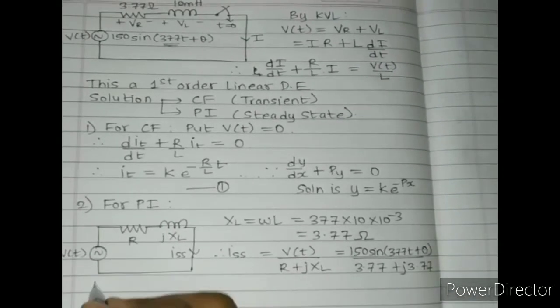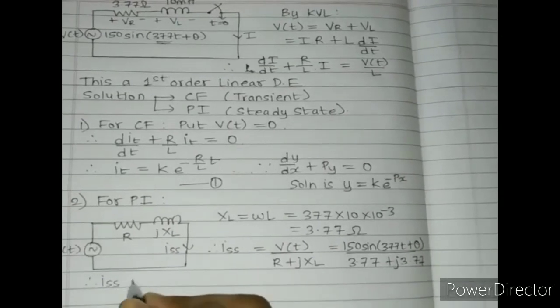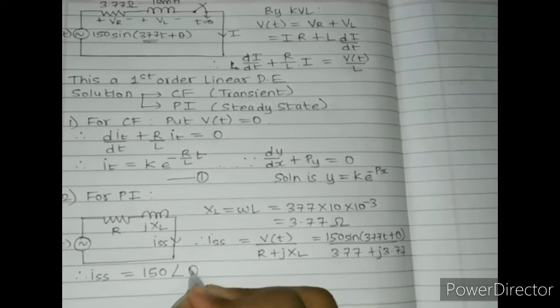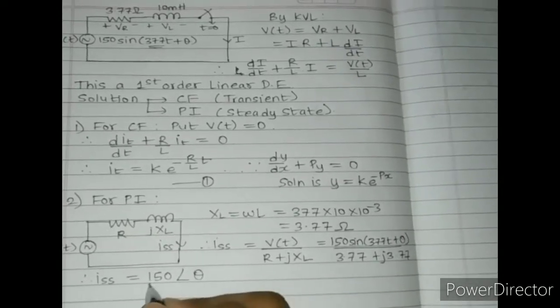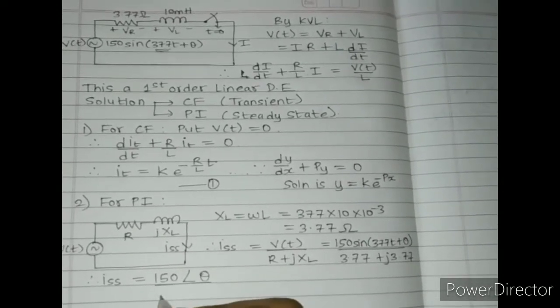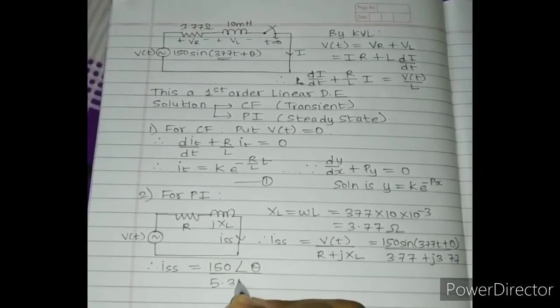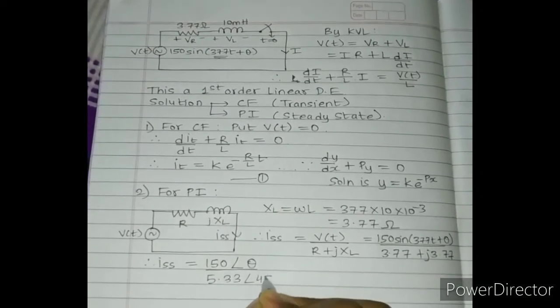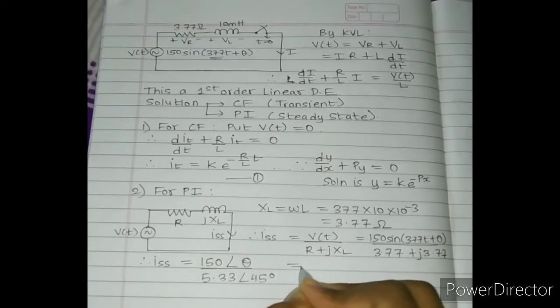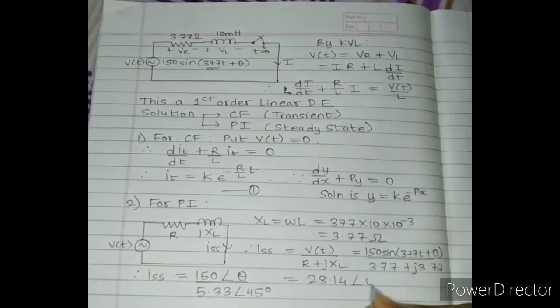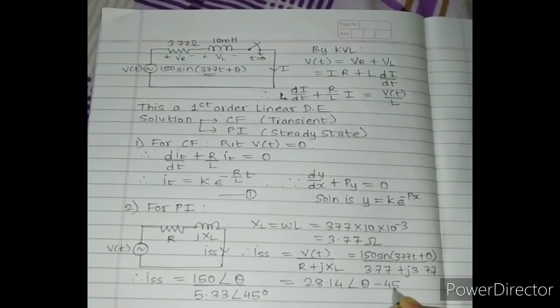Now 150 sine (377t plus theta) can be written as 150 angle theta, and 3.77 plus j3.77 can be written as 5.33 angle 45 degree, which is equal to 28.14 angle (theta minus 45 degree).